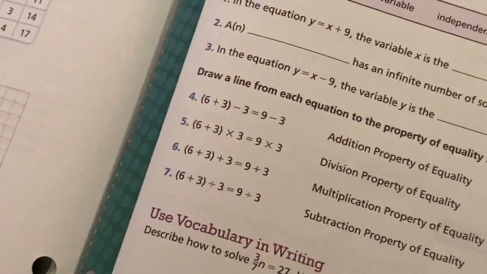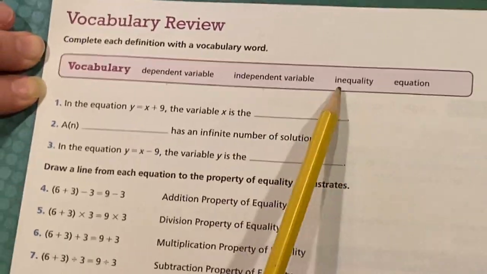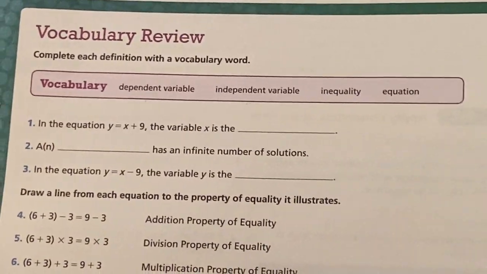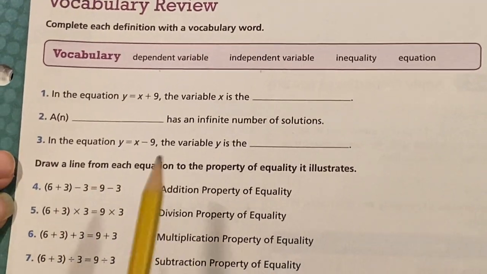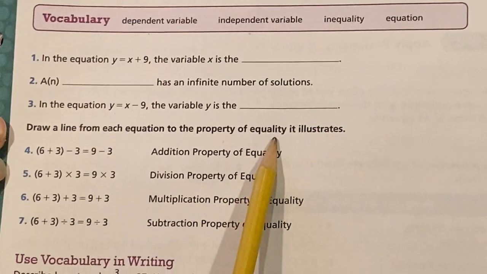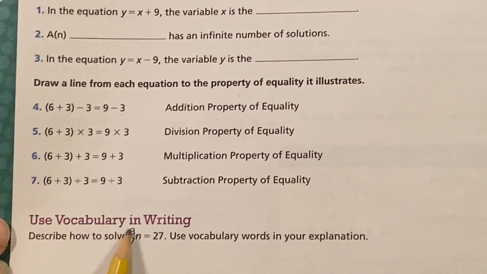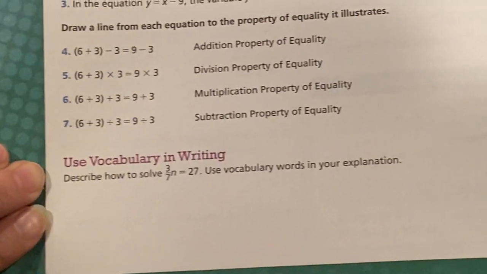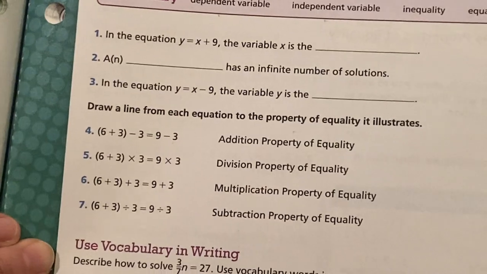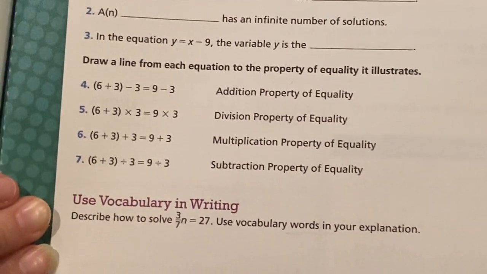Okay? So now we're going to get into a little bit of review. On the next page, 245, here are the possible vocabulary words to place into those sentences. And then here, you're going to draw a line from each equation to the property of equality it illustrates. Then here we've got use vocabulary in writing. So describe how to solve 3/7 n equals 27, and use those vocabulary words in your explanation.